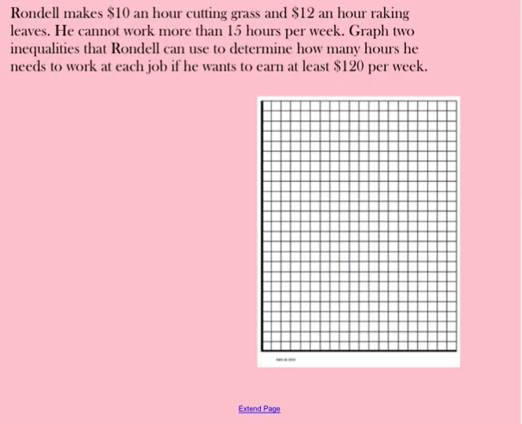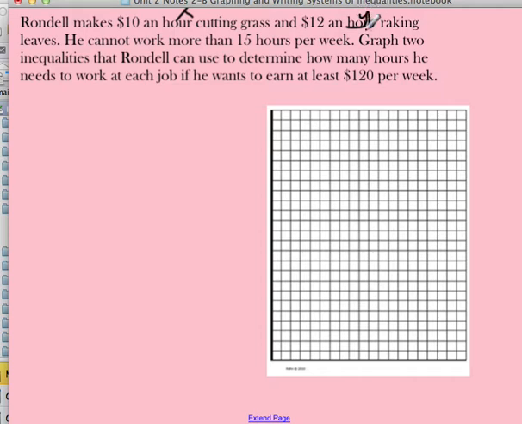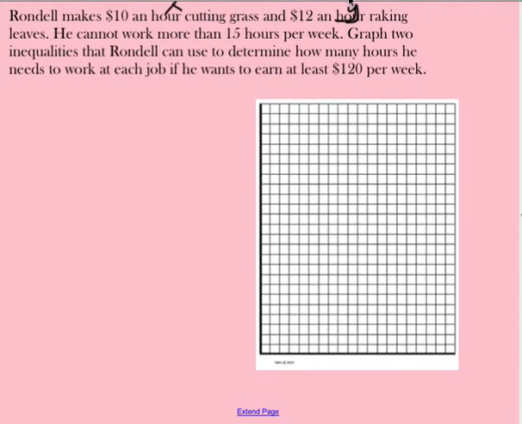Let's take a look at this one. Rodell makes $10 an hour cutting grass. So I'm going to let x represent the number of hours he cuts grass, and y represent the number of hours he spends raking leaves. All right, so next, it says that he makes $10 an hour. So for every x hour he spends cutting grass, he makes $10. And for every y hour he spends raking, he gets $12.